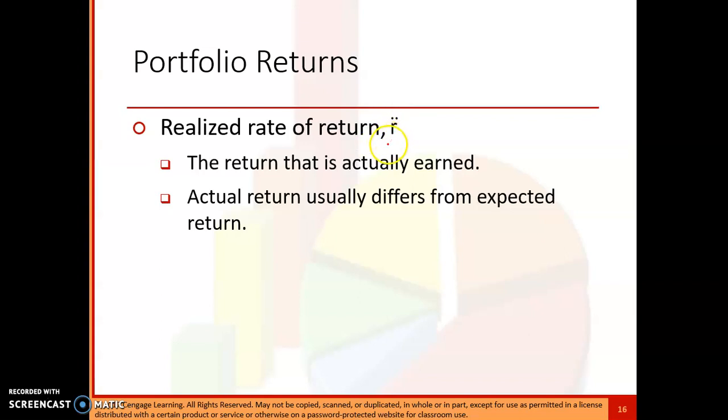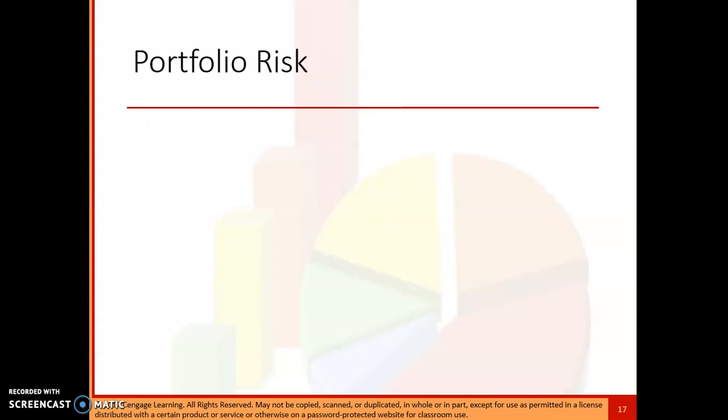That's the realized rate of return. The actual return is going to differ from the expected return because things happen that were unforeseen. So the market doesn't know everything that's going to take place with regard to a firm.